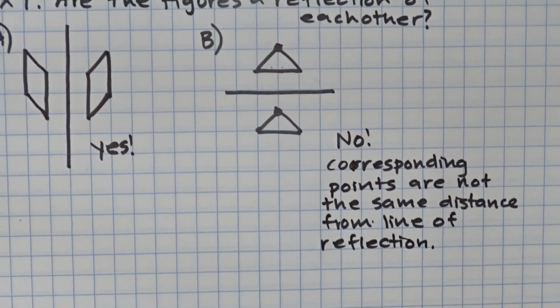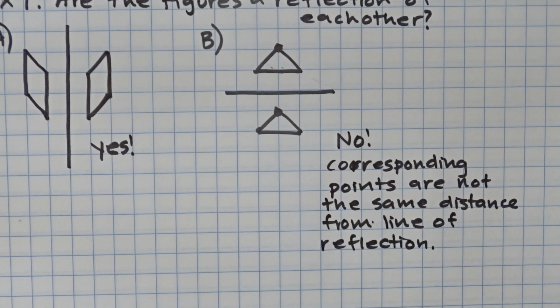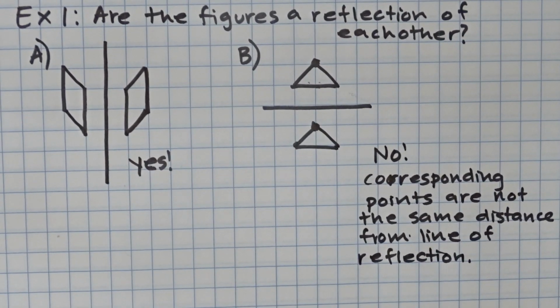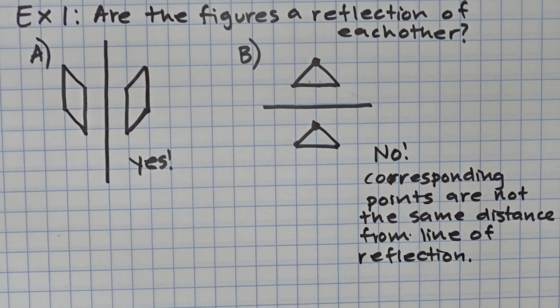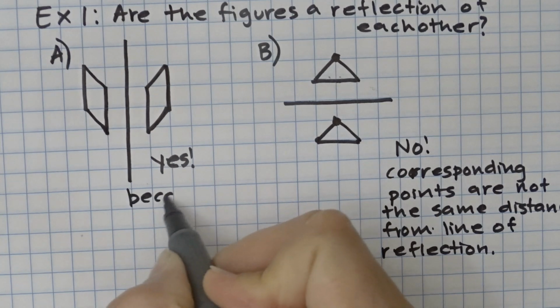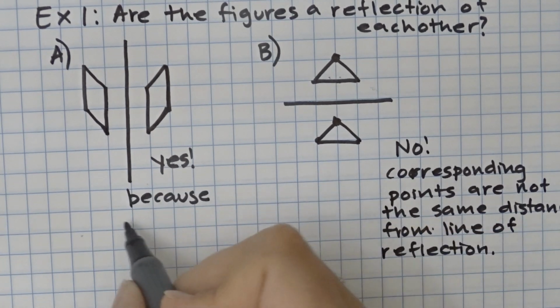You could have also said something like, no, the top triangle needs to be facing down, or the bottom one needs to be facing down. Yeah, so either way. And the first one, yes, because they are mirror image.